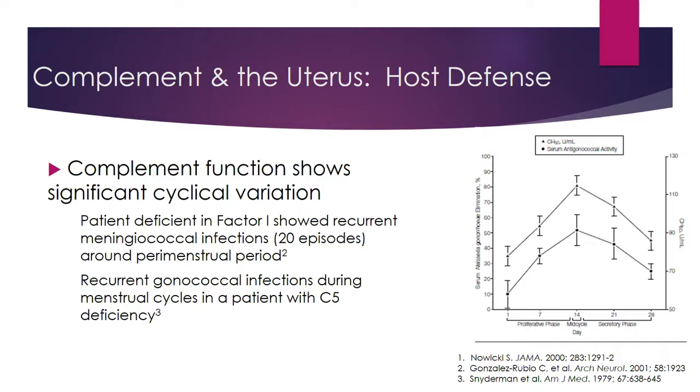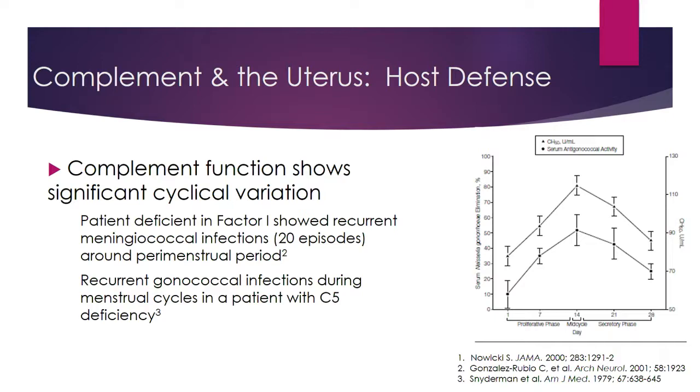Yes. And this is another study in which they actually studied total hemolytic complement activity. That's a CH50. It's not showing up very well here, and that's what's shown here in triangles. You can see during the proliferative phase of the menstrual cycle, levels of the CH50 are low, and this mirrors the anti-gonococcal activity of the serum.